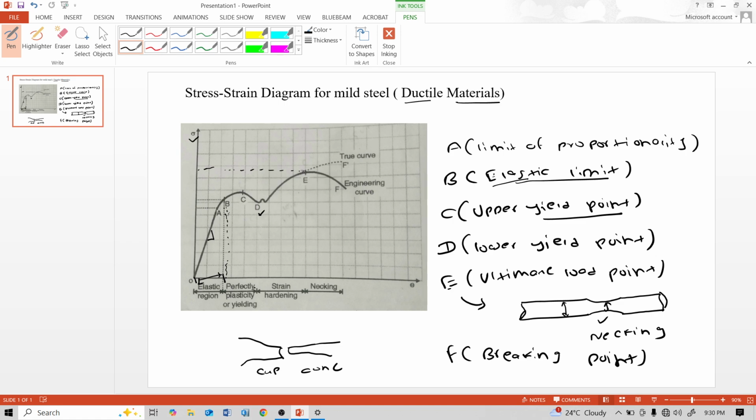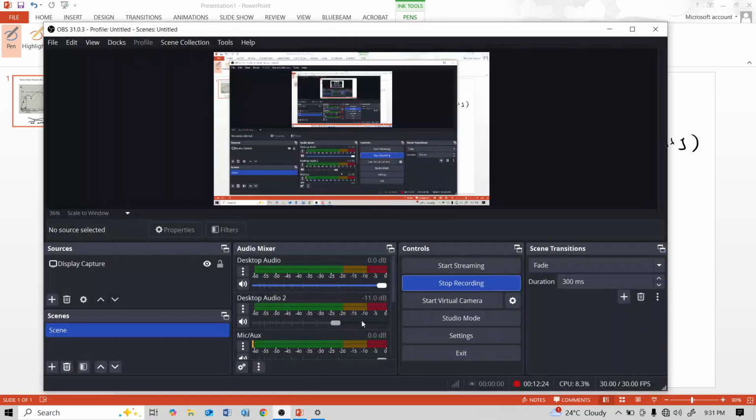This region is the perfectly plastic region or yielding. After the yielding point D, stress increases and strain also increases up to the ultimate load point, where necking develops. After this, stress does not increase but strain increases, and cup and cone failure can be seen at point F. So this is the ductile material stress strain diagram for mild steel. Thank you very much.